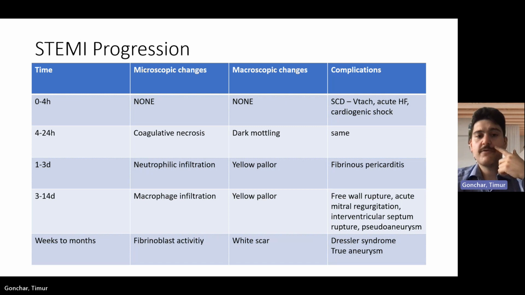There are also some other differences. Fibrinous pericarditis might be a result of some other processes in the heart as well, but for our purposes here, we will concentrate on myocardial infarction, and the time frame is the most important factor here.